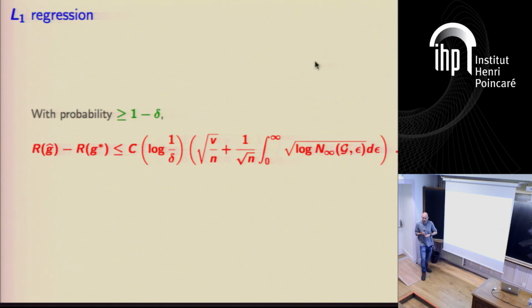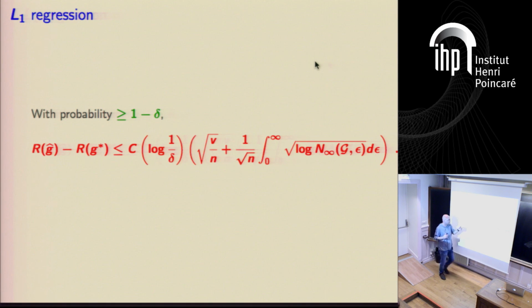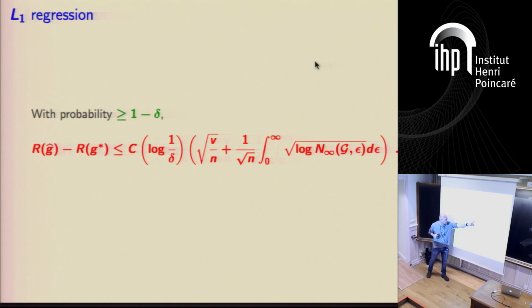The Y's can have a very heavy tail, but that completely disappears, no matter how large the tails of the Y's are, as long as they have a bounded variance that's known. So this is the bound that we assume on the second moment of the Y's. Then we have this nice bound.